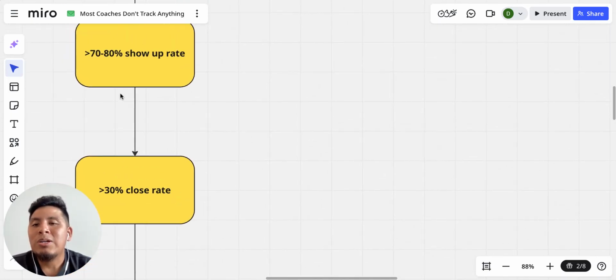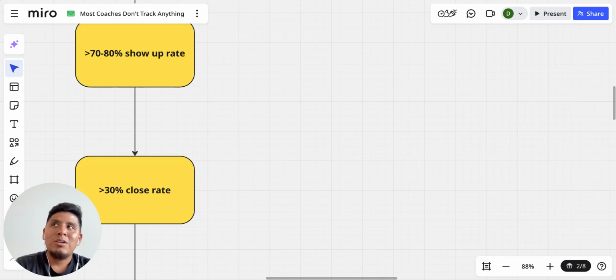Why is this important? Right. Because if I have at least a 70 to 80% show up rate and at least a 30% close rate, that shows that most people are actually interested through my process to show up to the call. Meaning I can scale this with a team of salespeople, because no closer wants to come in with a 40% show up rate. They'll come in and they'll leave faster than you actually think.